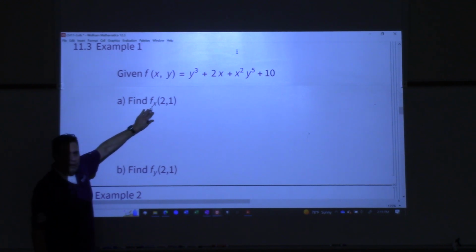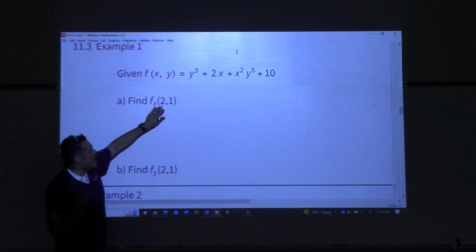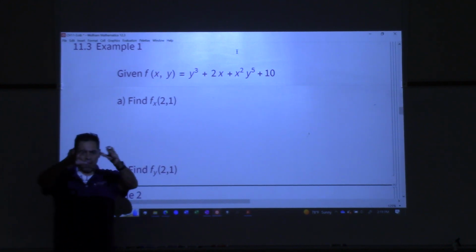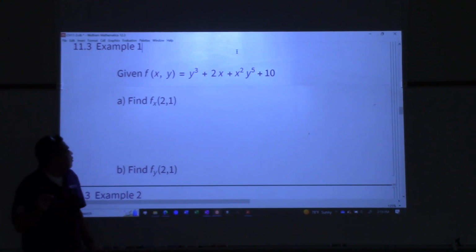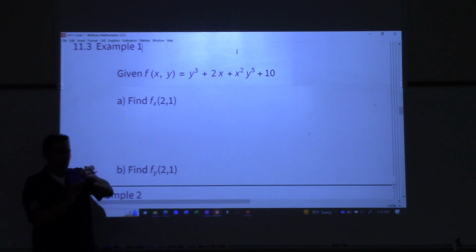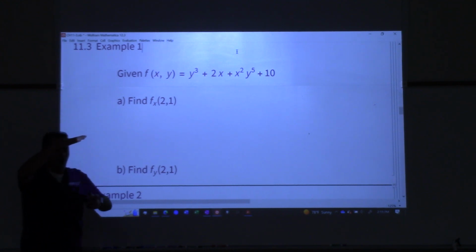That means I'm going to hold the y constant, and I want to know what's happening at the point 2, 1. So there's a surface. I go to an x value of 2, a y value of 1. I go up to the surface, and I'm holding the y constant, slicing it, and looking at it from one angle. I'm trying to find that slope.